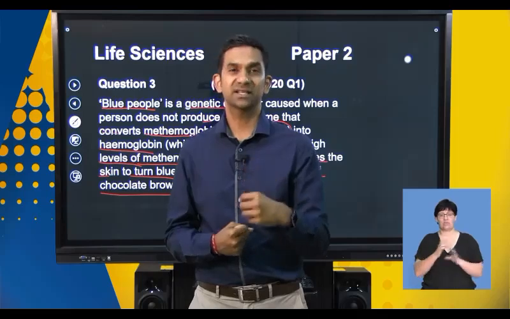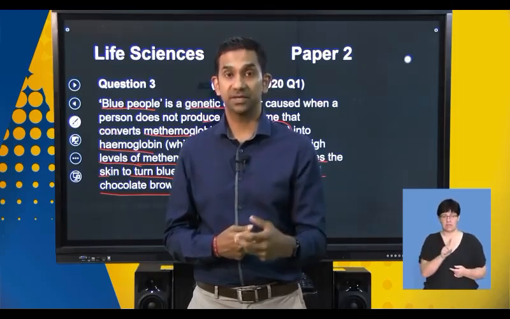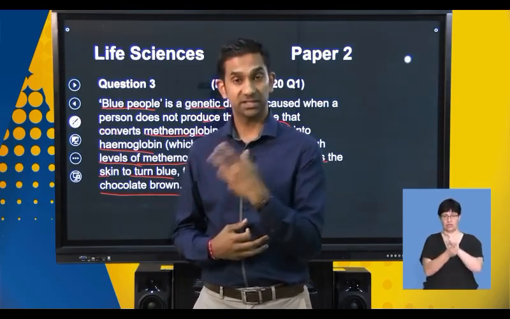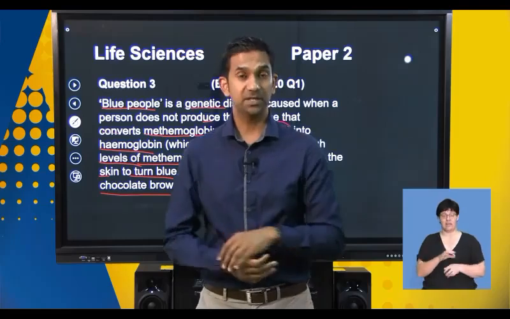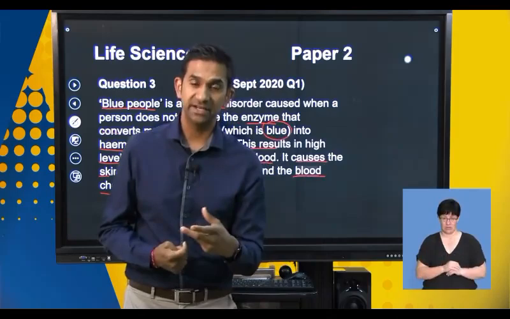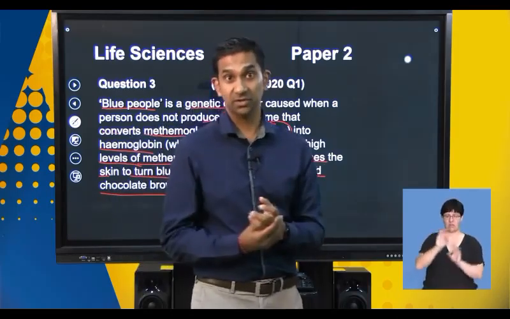And this has resulted in significant phenotypic changes, so things that you can clearly see in them. In this case, their skin appears blue, their blood appears chocolate brown. So let's look at the pattern of inheritance in this family and answer the questions based on that.